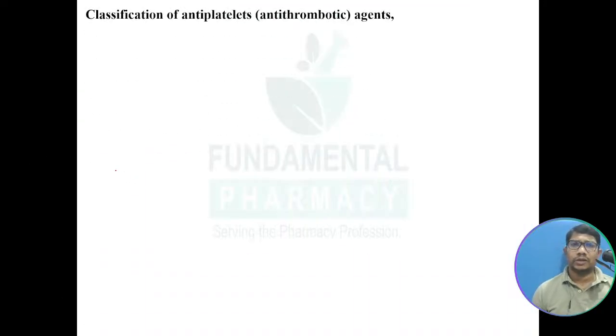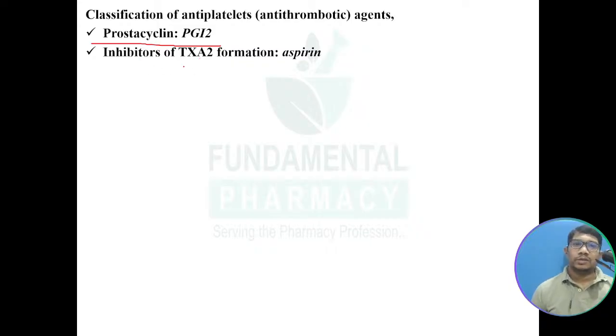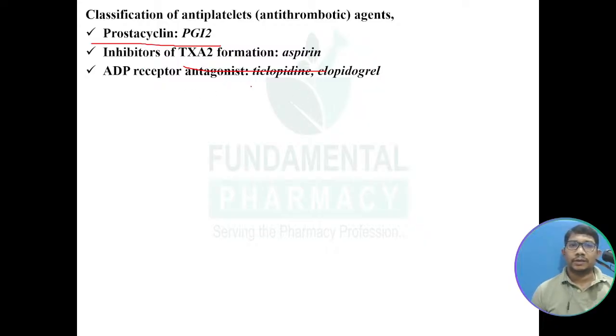We will see the individual antiplatelet drugs. So, the classification of antiplatelet or antithrombotic drugs. Prostacyclin itself is an antiplatelet; prostaglandin I2 means prostacyclin. Then the thromboxane synthesis inhibitor is aspirin. Then the ADP receptor antagonists are ticlopidine and clopidogrel.